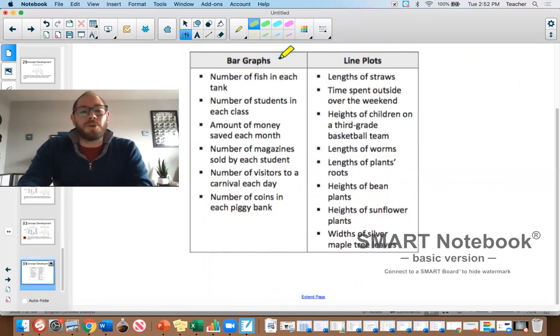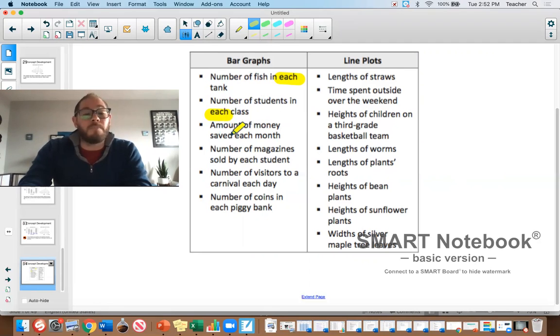What we're going to do is we need to highlight what we would use each graph for. So bar graphs, we'd use that to show the number of fish in each tank or the number of students in each class. I'm going to highlight some words here that are really important to help us understand this.